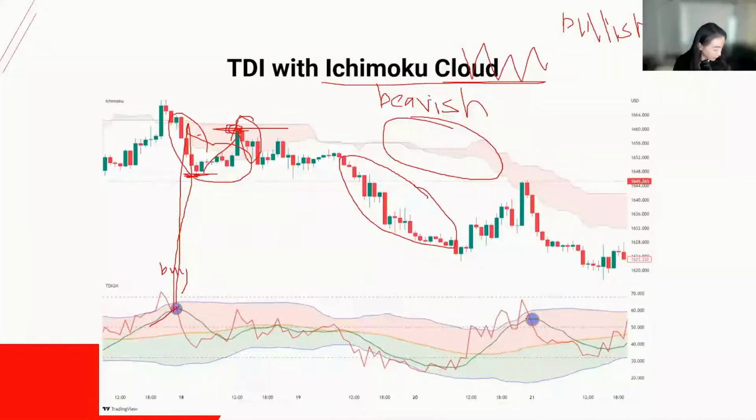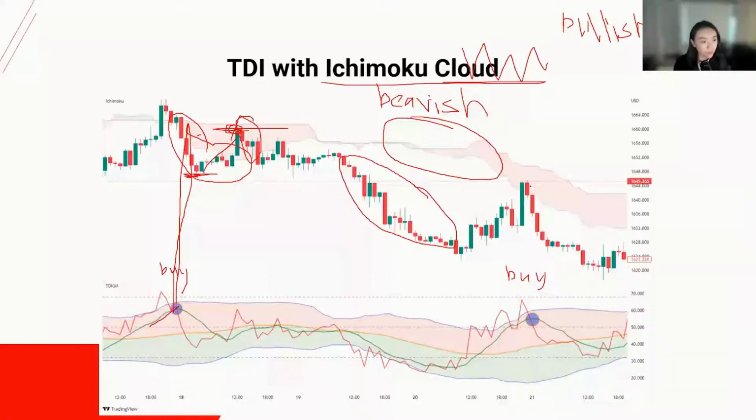The green line. Okay, so now let's look at here. The green line is crossing the red line from below, so actually this one gives us the signal to buy, right?